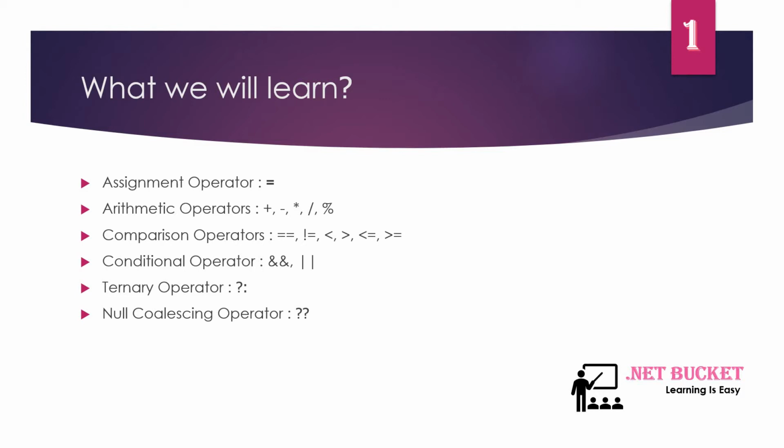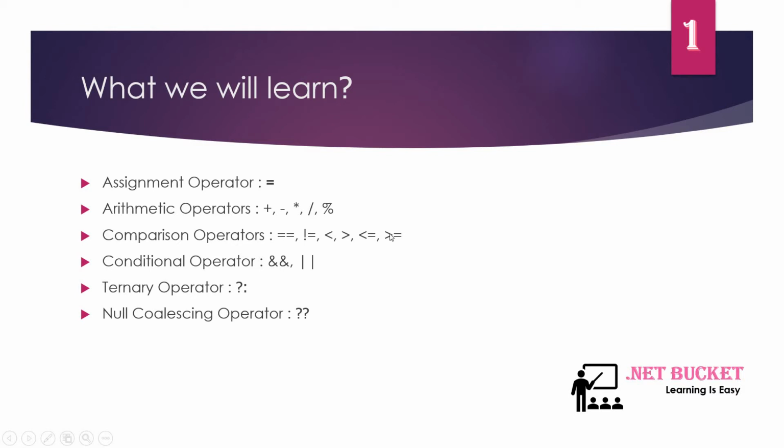Similarly for lesser than or equal to, it will return true only if the left hand side value is either lesser than the right side or equal to the right side. So if both values are the same, it will return true, or if the left side is lesser than the right side value, it will also return true.